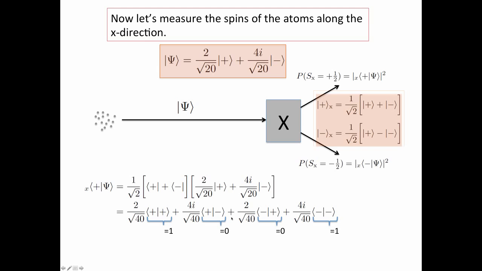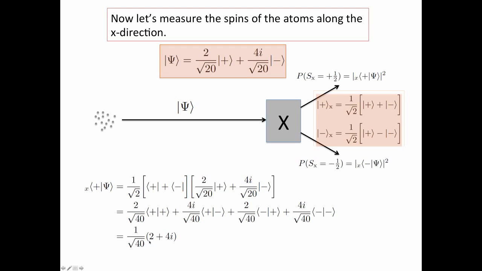And 2 of these terms will be the inner product of one of the basis vectors with the other one, so plus with minus or minus with plus, and they'll be equal to 0. So once we get rid of the 2 terms that are equal to 0 and we insert 1 for the other 2 inner products, we get the final result that this inner product here is 1 over the square root of 40 times 2 plus 4i.